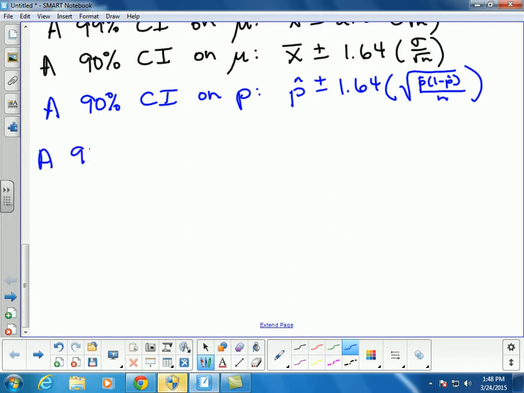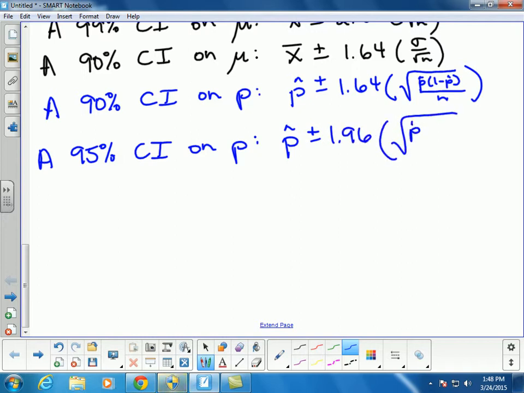A 95% confidence interval on p is p hat plus or minus 1.96, and a 99% confidence interval.